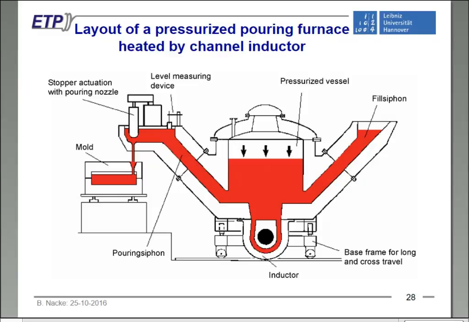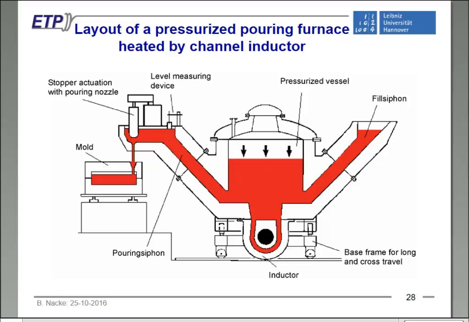It looks like a typical channel furnace, but the vessel is pressurized, so we have gas here, which by pressure brings the melt level up in the siphons, especially in the pouring siphon here.